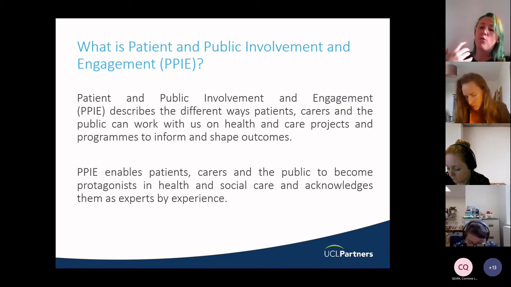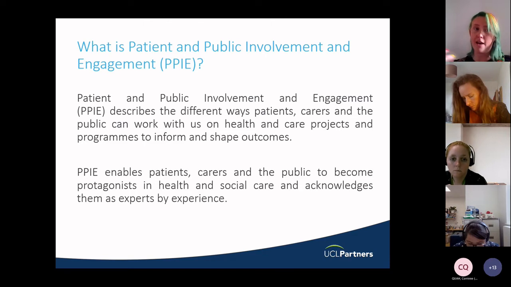Ultimately, PPIE recognises that patients, carers and the public are protagonists in health and care. They have really valuable lived experience that we need to hear about and take into consideration when we are designing projects and programs in health and care.